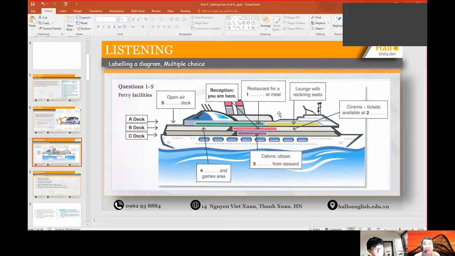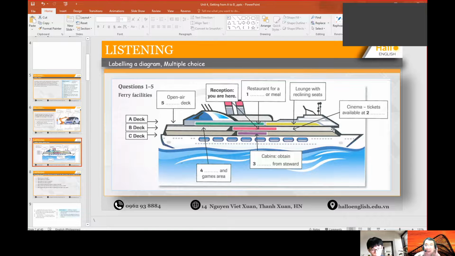We have to use the noun, again. So restaurant for a superb lunch or meal. Okay.